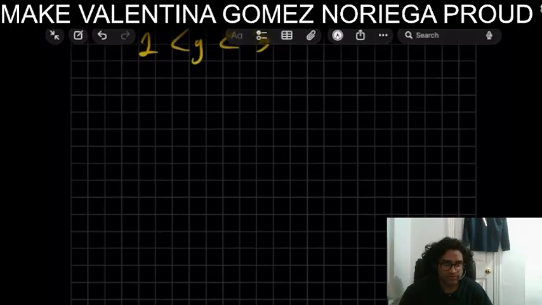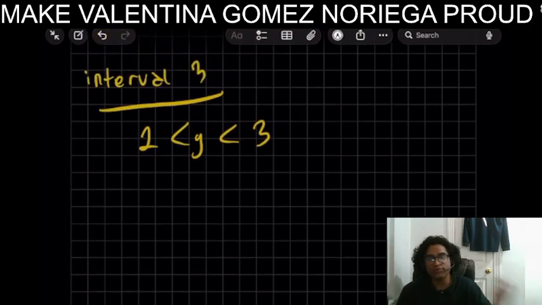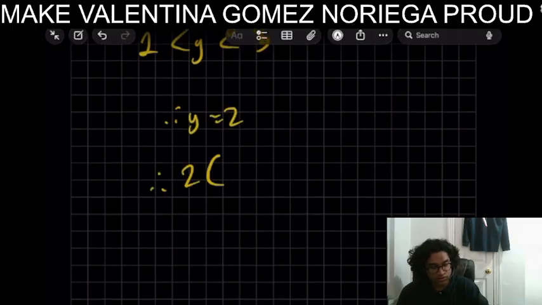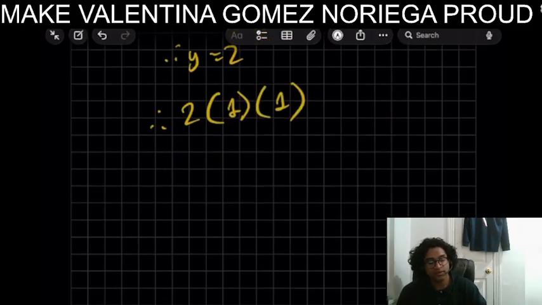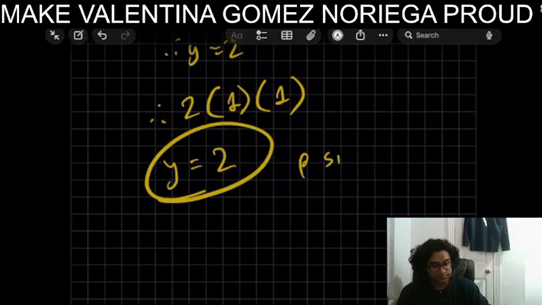Interval 3, for when y is between 1 and 3. Obviously, you're going to go for 2, because you can go for 2.1, 2.2, 2.3, nobody's stopping you, but in general, common sense, you're going to go for 2. So if y is equal to 2, then I'm going to have y minus 1, 1, times 3 minus 2, 1, so 1 times 1, which is positive.